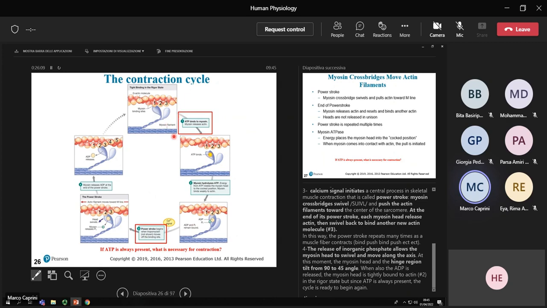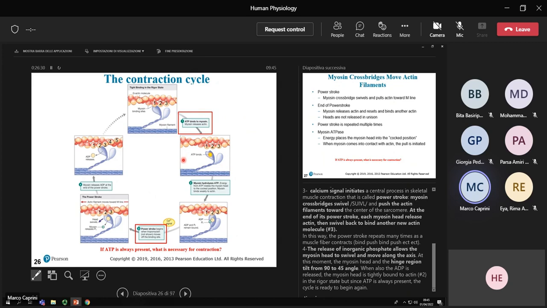So this is the contraction and relaxation cycle. The myosin cross bridges move the actin filaments and the muscle is contracted.